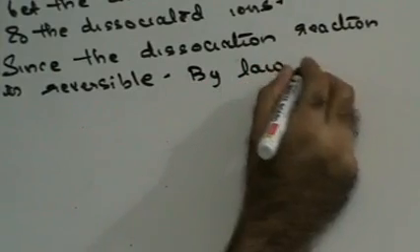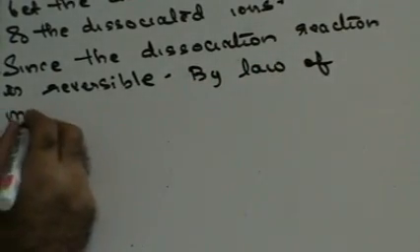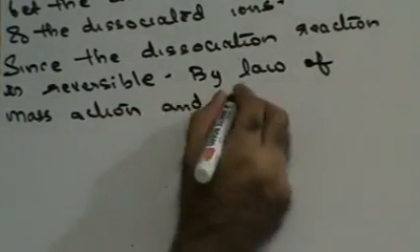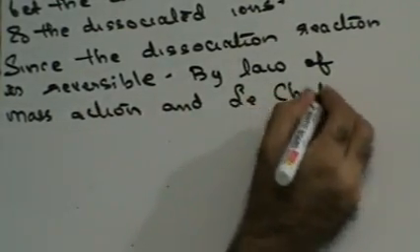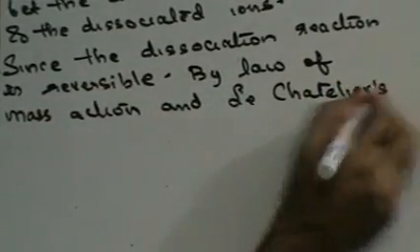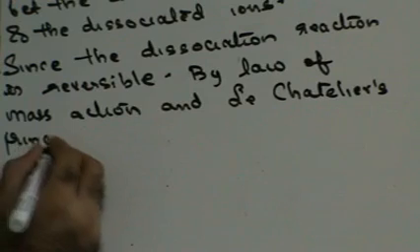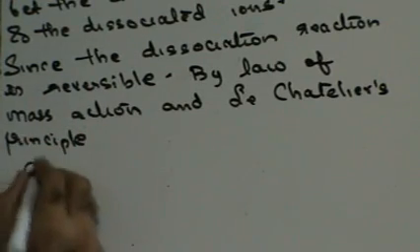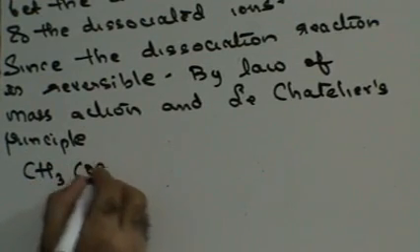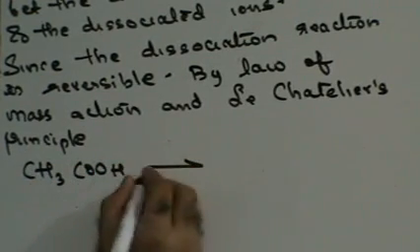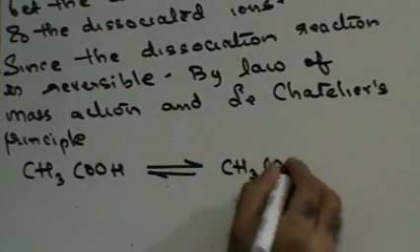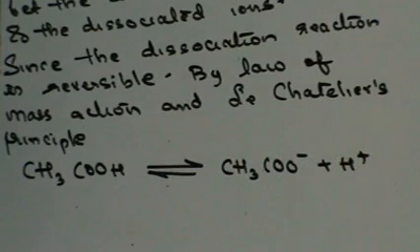By law of mass action and Le Chatelier's principle, I can say that acetic acid will dissociate reversibly to give acetate ions and hydrogen ions.